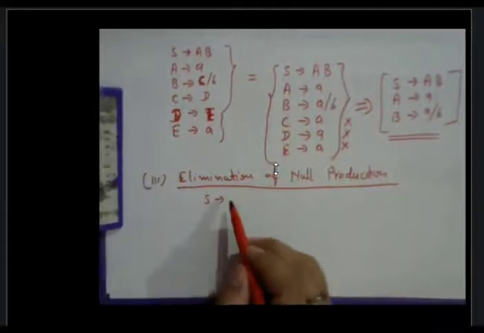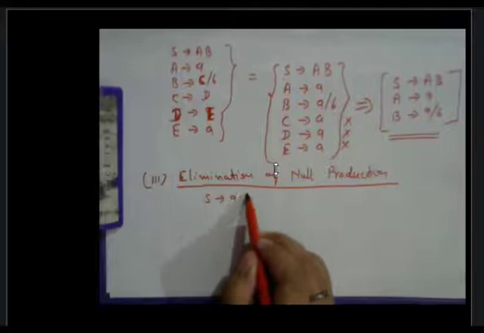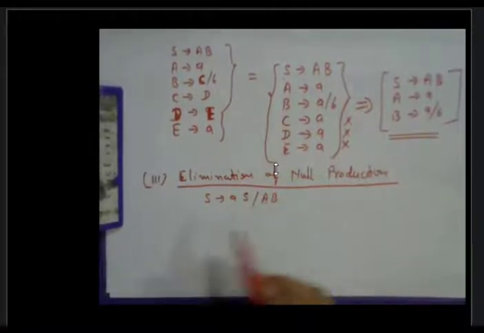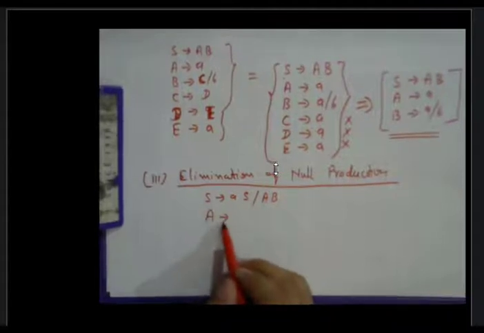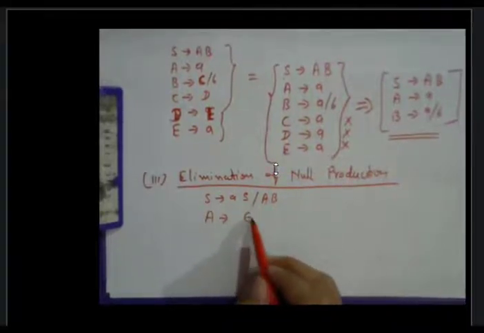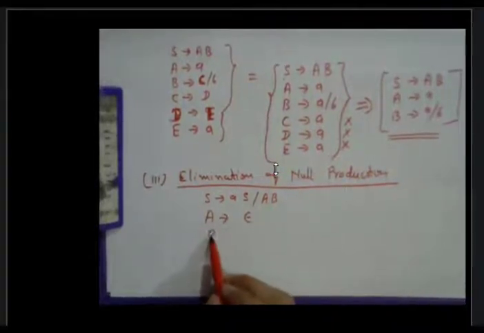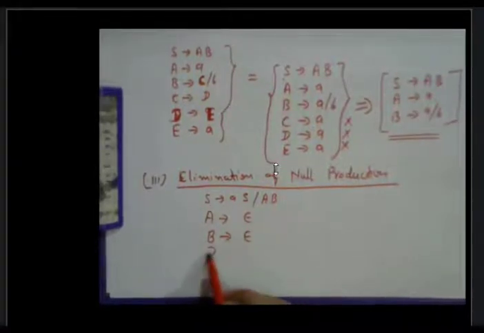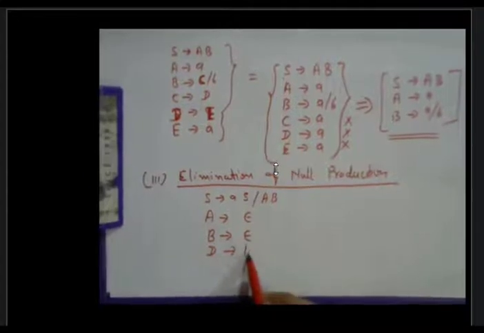S tends to aS oblique ab, A tends to epsilon, B tends to epsilon, and D tends to b.